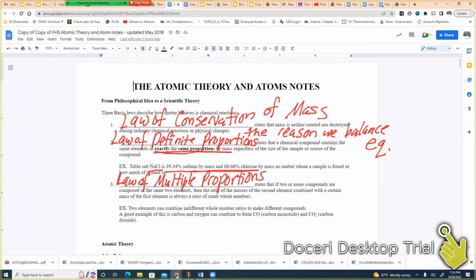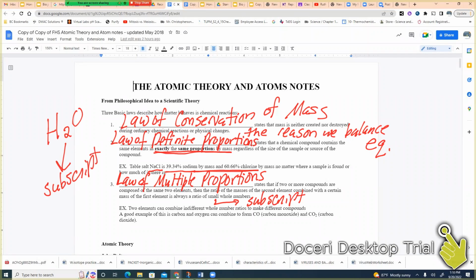It states that if 2 or more compounds are composed of the same 2 elements, then the ratio of the masses of the second element combined with a certain mass of the first element is always a ratio of small numbers. And those small numbers are your subscripts. If you remember probably from middle school, H2O, that little 2, that's what we're talking about. We're talking about a subscript.